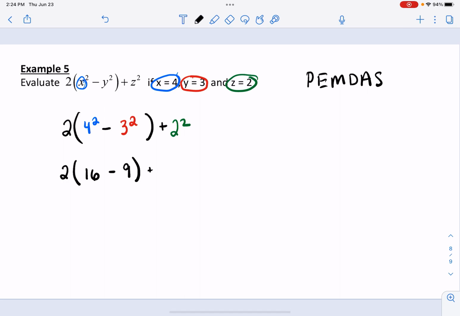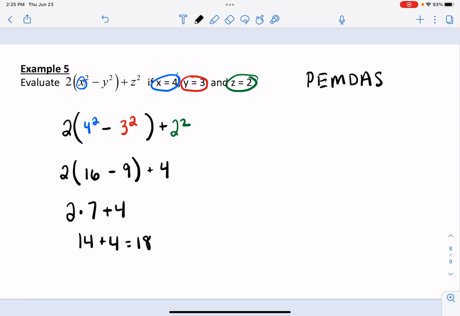And I guess technically outside I can do that exponent outside. So that's going to turn into a 4. So I have 16 minus 9. So I have 2 times 7 plus 4. 2 times 7 is 14. Plus 4 is 18. Okay?